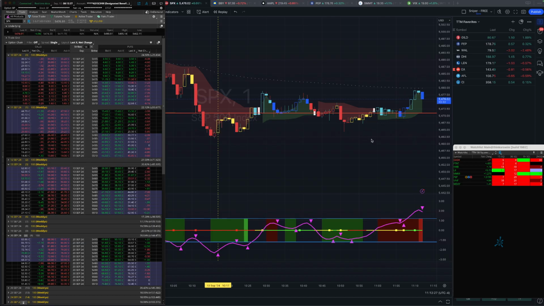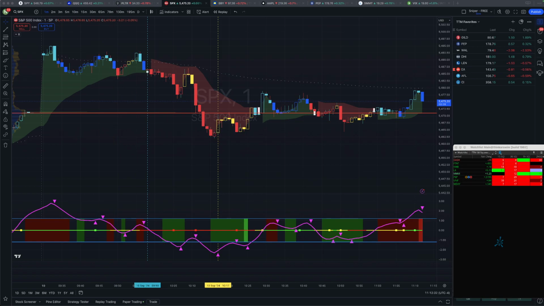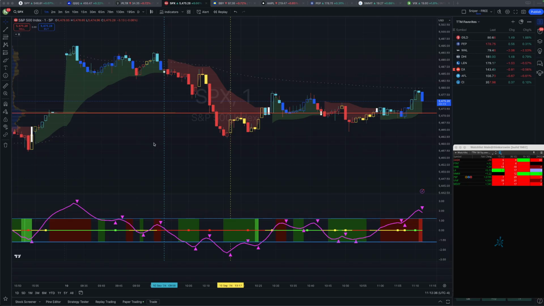If you get in a zero DTE trade, you can't really sit on it for 2 hours. It's gotta move. It can't just go sideways because the theta decay is rapidly eating away at your option contract.